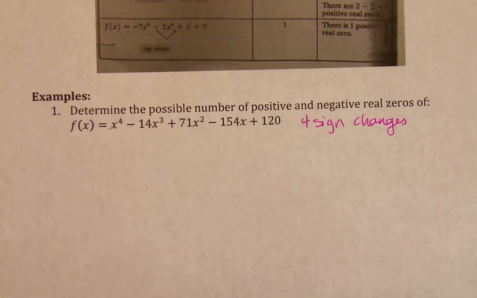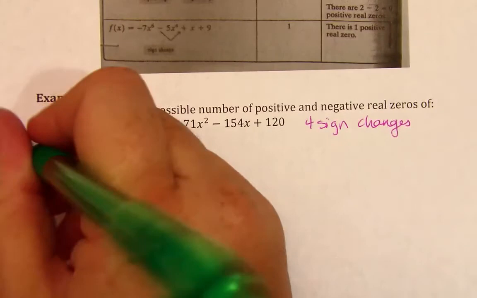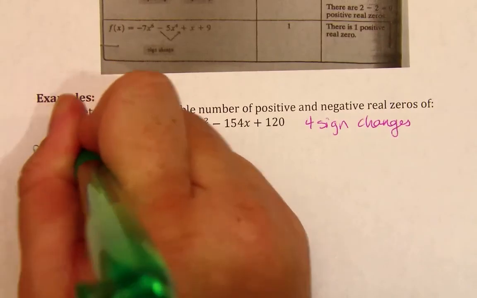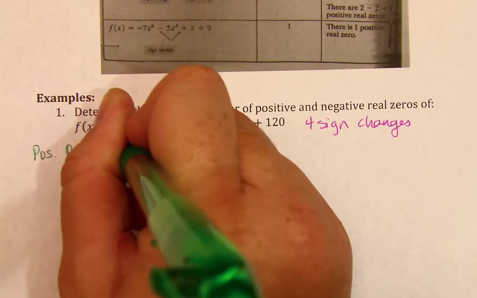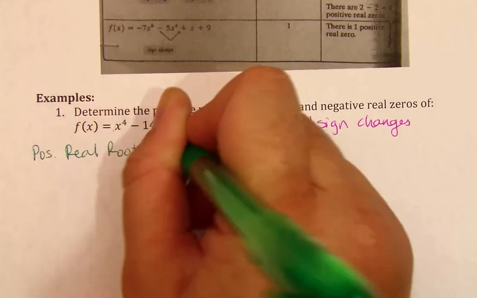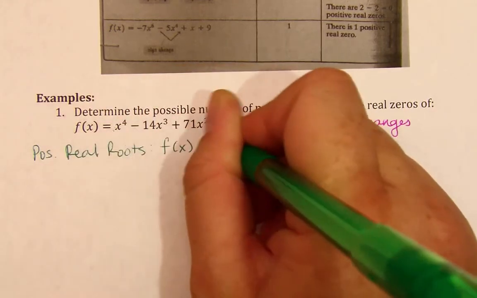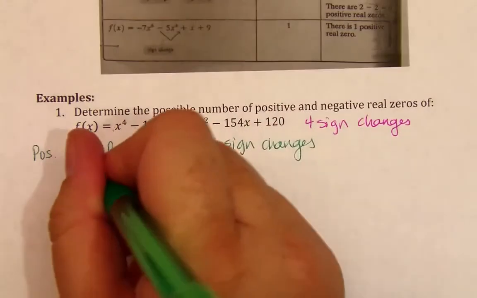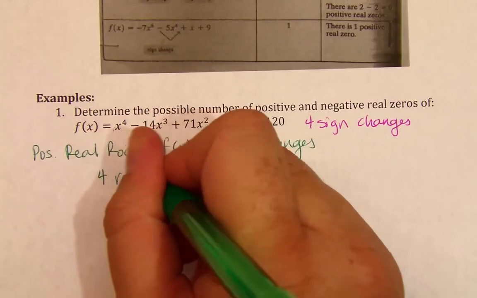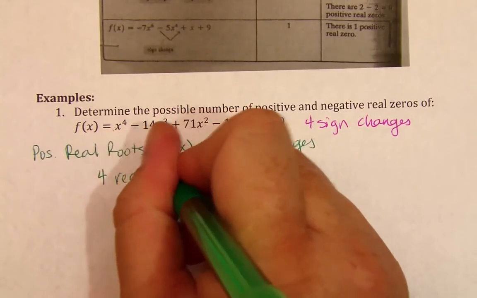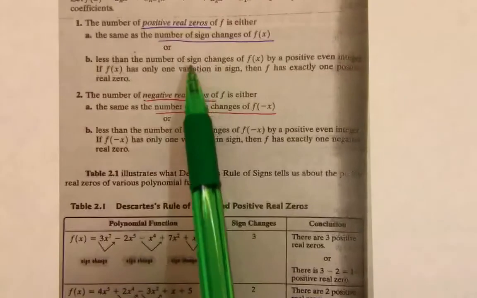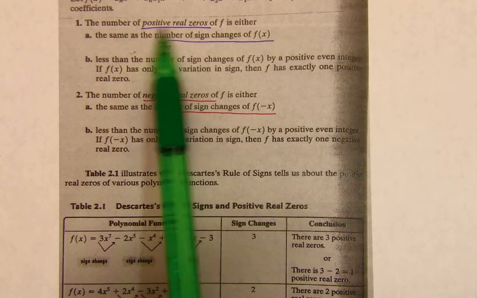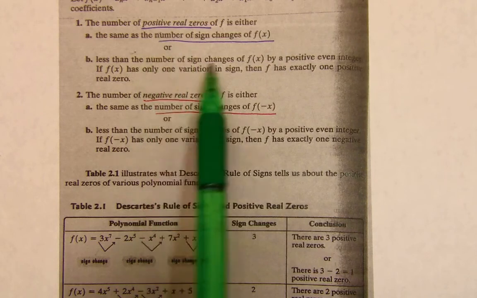So what we're looking at for Descartes' rule of signs is looking at the positive real roots. And f of x has 4 sign changes. So looking back up here, we either have 4 positive real roots, or it's going to reduce by 2.